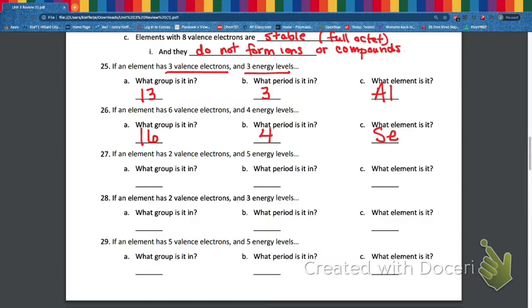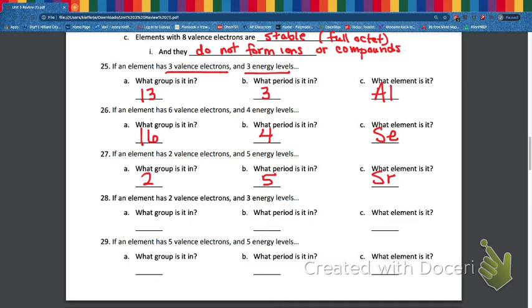So if an element has 2 valence electrons, it's in the 2nd group and the 5th period. And so 2, 3, 4, 5, it's strontium. So far, so good? Okay.